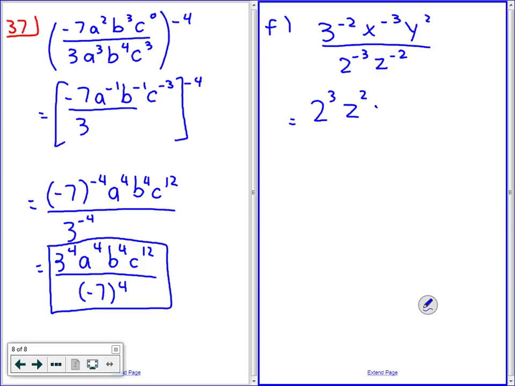There's a trick. Because y originally was positive, so it doesn't need to move. See what I mean? Okay. TJ, what goes to the denominator, please? 3 to the power of 2, good. x to the power of 3. And that's it. Right, awesome.